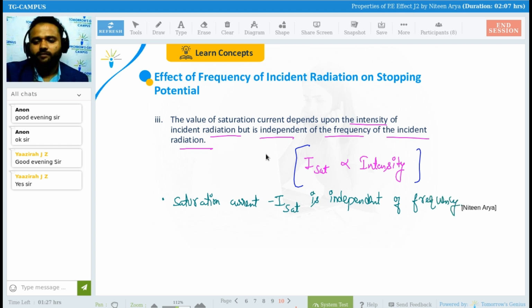Clear? So that is already written there. I just rewrote it in my own words, or you can say into symbols.